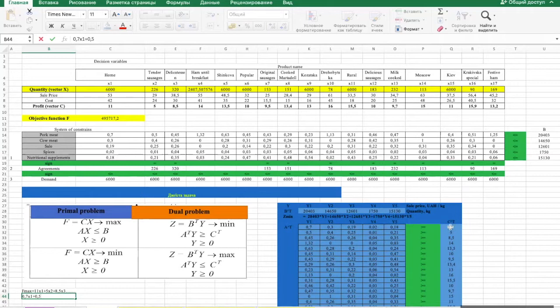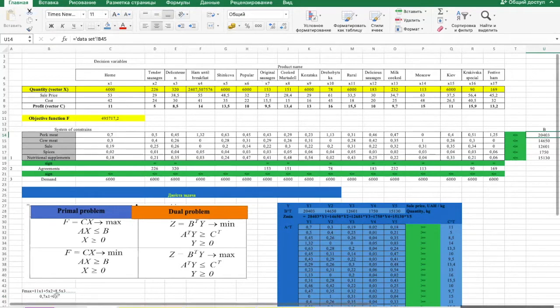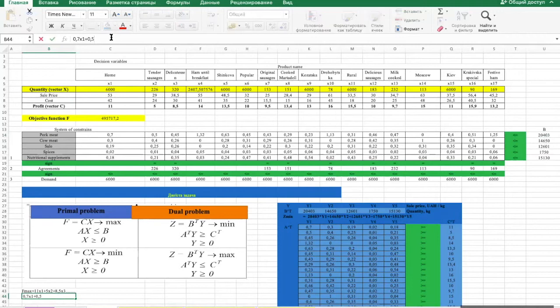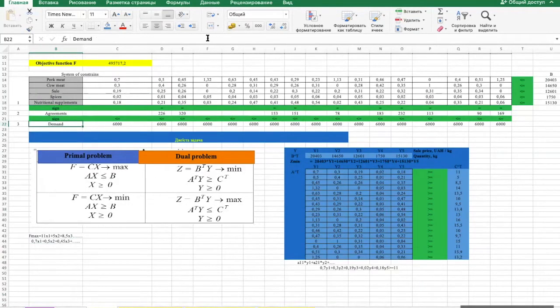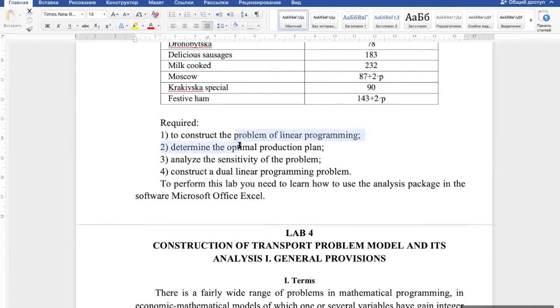So in the dual problem, we talk about one product and different kinds of resources. But in the primal problem, we talk about one resource and how we divide it by producing each kind of products. Again, we put 0.5 x2 plus 0.45 x3, and so on.